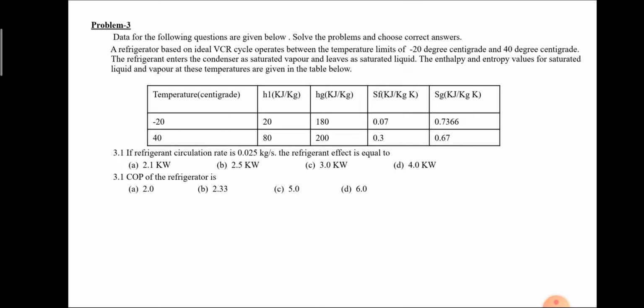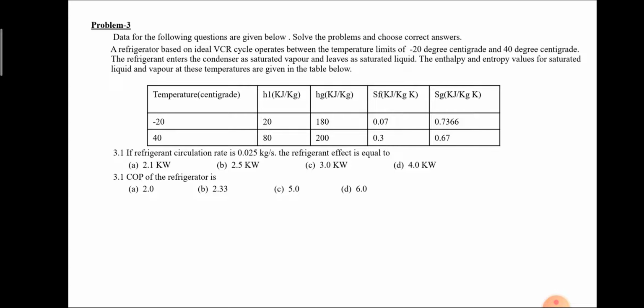Next, problem 3. Some data are given. The problem is of the Fischer cycle. A refrigerator based on the ideal Fischer cycle operates between two temperatures: one is minus 20 degree centigrade, another is 40 degree centigrade. The refrigerant enters the condenser as saturated vapor and leaves as saturated liquid.